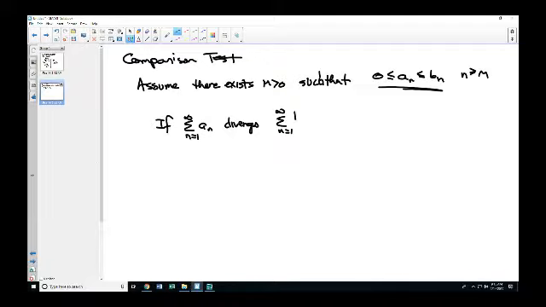Diverges, because it's bigger, right? I'll let you write that down. Why is the range of n greater than or equal to capital N?